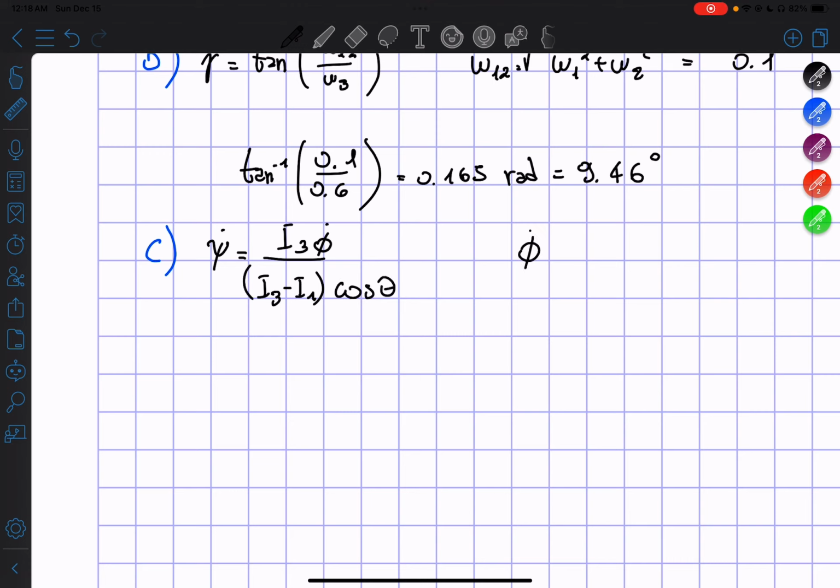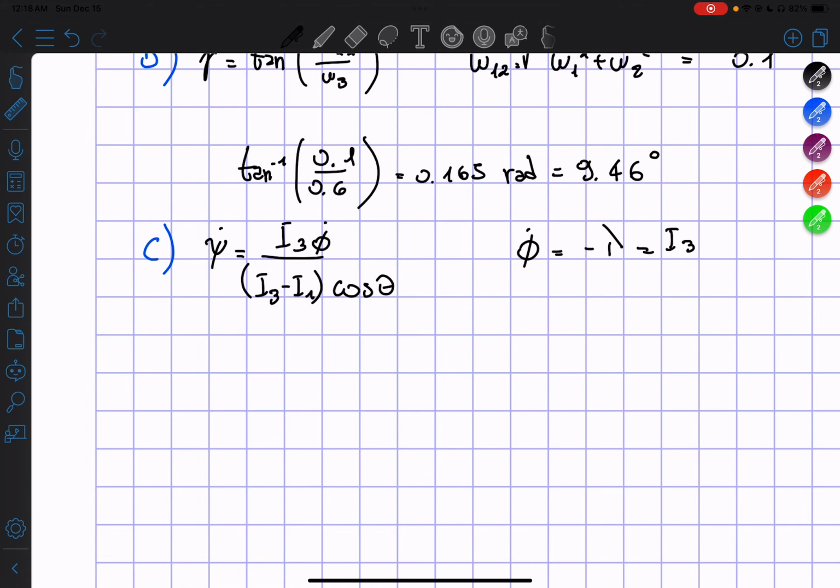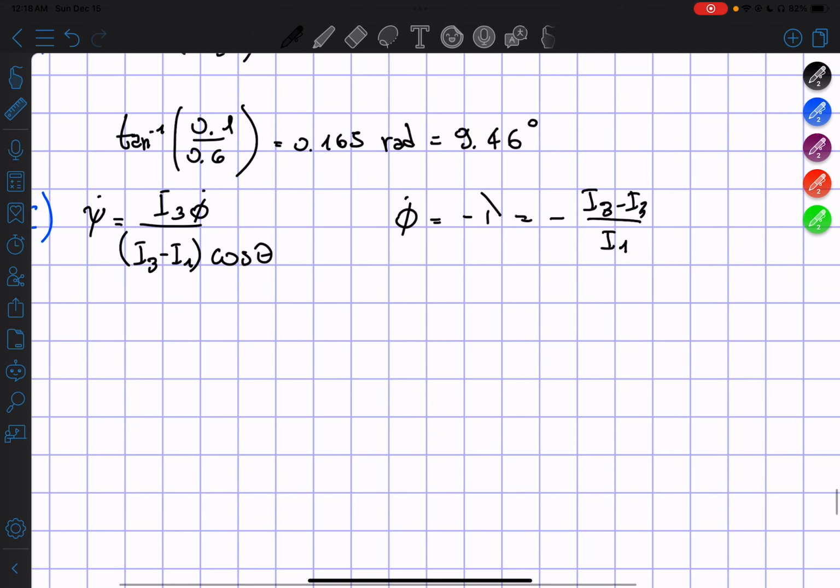So in order to find phi dot, which is equal to negative lambda, we need to use our formula that is equal to minus I3 minus I2 divided by I1 times omega 3.